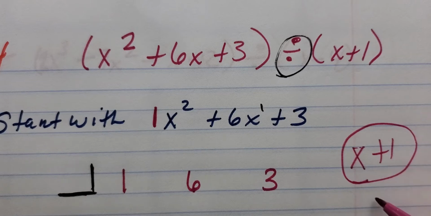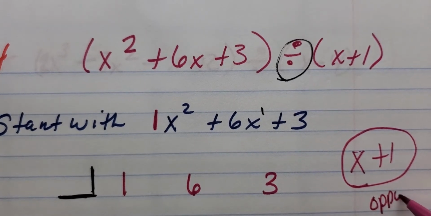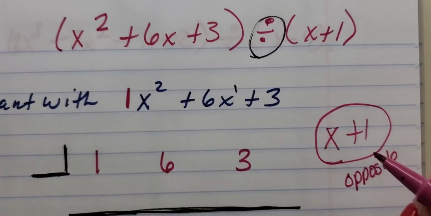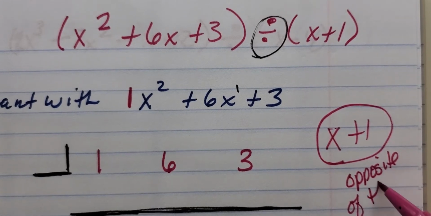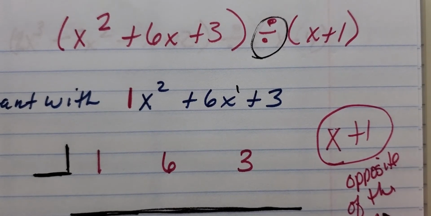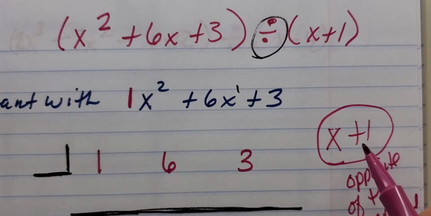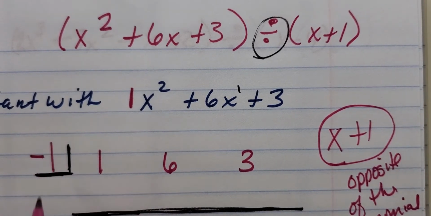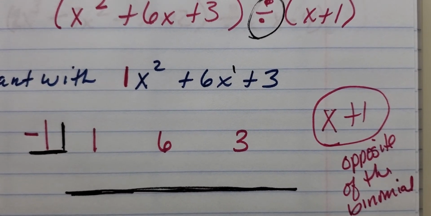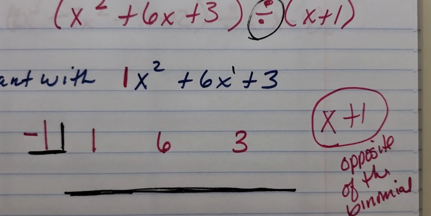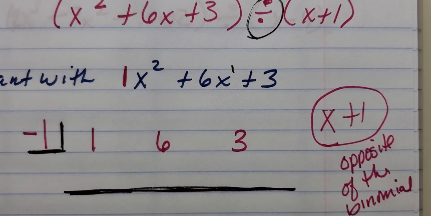And in there, I said take the opposite of the binomial. Well, the opposite of 1 is -1, and that's what's going to go in the corner of that box. So when this says +1, we're going to put -1.